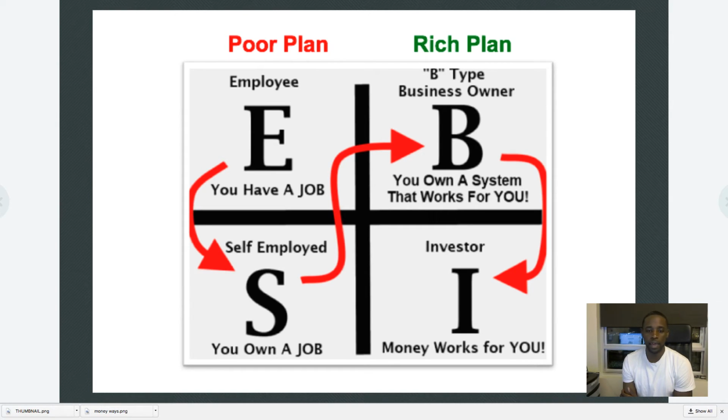So now you're in the B-type business, in the rich plan, and you're making a ton of money in your business. You're doing a whole lot of wholesale deals. You're making 5-6 figures a month, and all that money is coming in. So now you can transition to the next side, which is the I quadrant, where money is working for you as an investor.